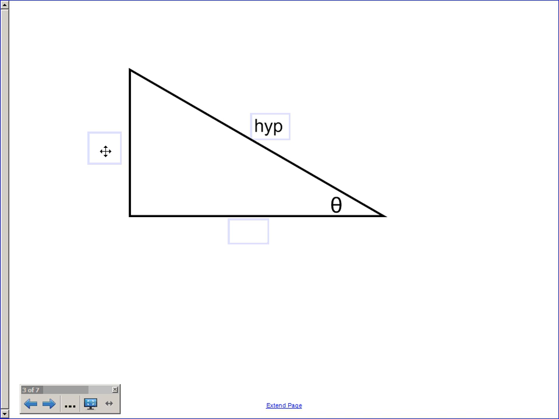Far away from it we would call the side opposite the angle, and we can abbreviate it OPP or just call it the opposite leg. The other leg is the side that's next to it, and we say adjacent or abbreviate it ADJ. So the adjacent side connects to the angle, and the opposite side does not. The adjacent side is never labeled as the hypotenuse, because the hypotenuse is always what it is.